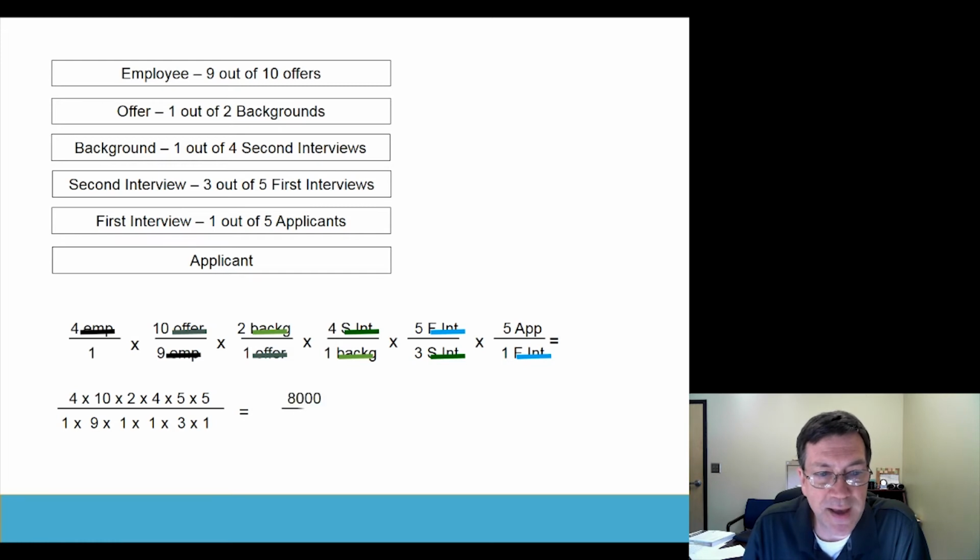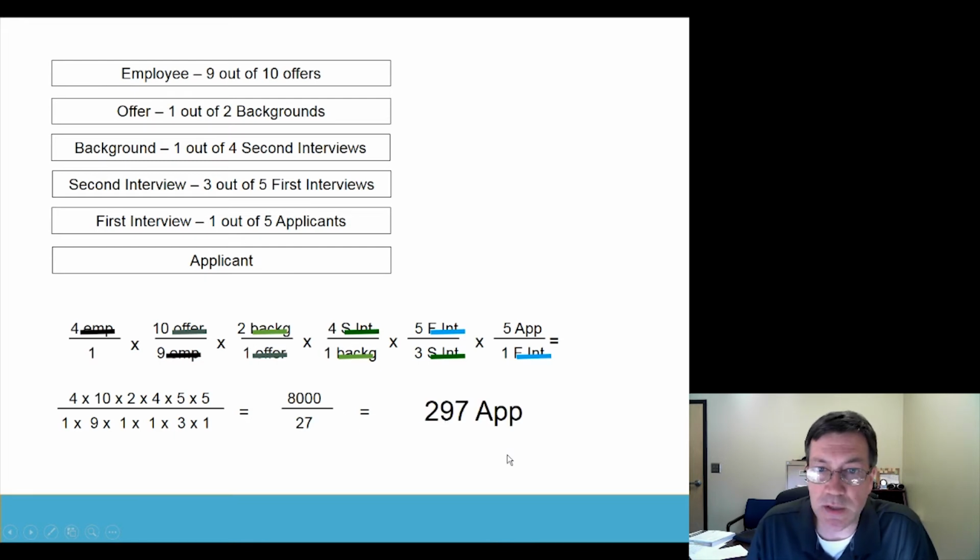But when we do that math, we end up with an even 8,000 on the top and a 27 on the bottom. That 8,000 is 4 times 10 times 2 times 4 times 5 times 5. And that 27 is 1 times 9 times 1 times 1 times 3 times 1. So if you were to put a parenthesis around this and a parenthesis over here, multiply all those together, you get the top number. Multiply all those together, you get the bottom number. And now all we do is take the 8,000 and we divide by 27. That comes to 297.